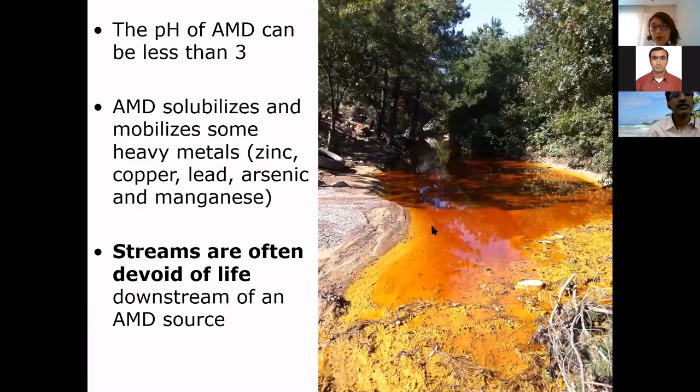The main problem is that it's acidic. I have some pictures, but I didn't put them here. Actually, from here, it goes to surface water, and it can also go into the groundwater. Then we use it. I also showed some pictures of people using it for, I don't know, maybe irrigation.